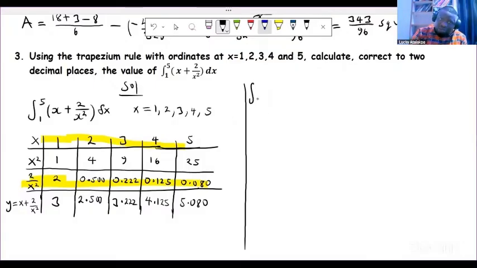And the trapezium rule says the lower limit is a, upper limit is b.